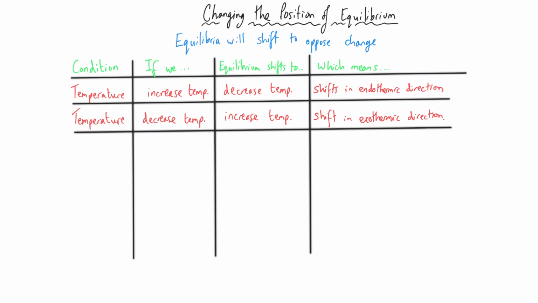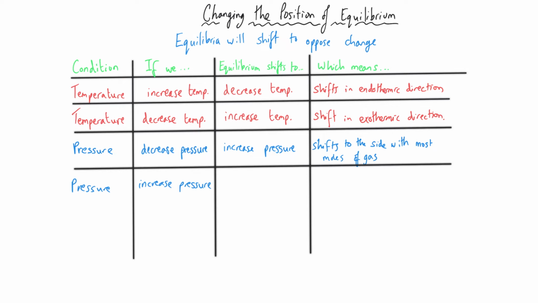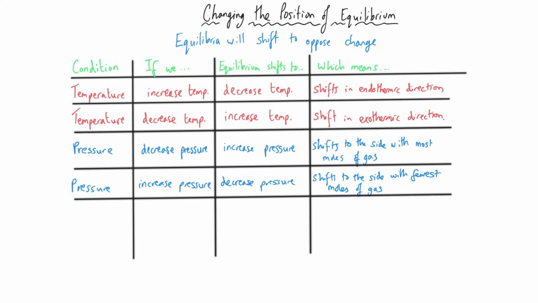From the point of view of pressure, if we decrease the pressure, equilibrium will shift to raise the pressure back up again. And the higher pressure is the side of the reaction that has got the greatest number of molecules of gas. And if we raise the pressure, equilibrium will shift to lower the pressure back down again. And that will mean that the reaction will shift in the direction where there are fewer molecules of gas.